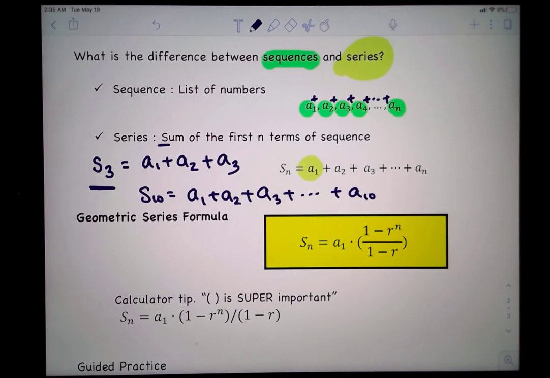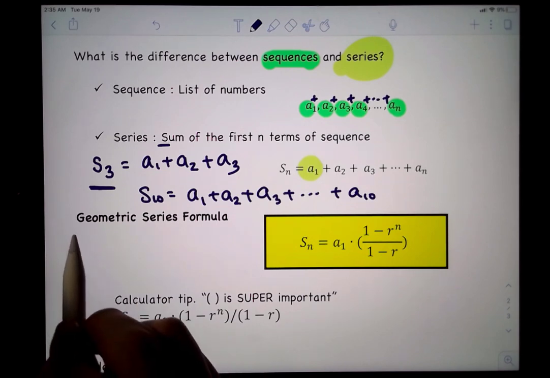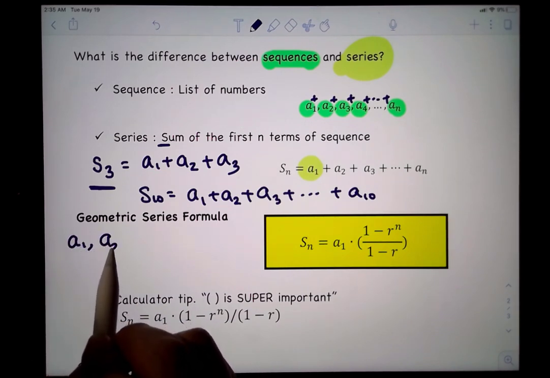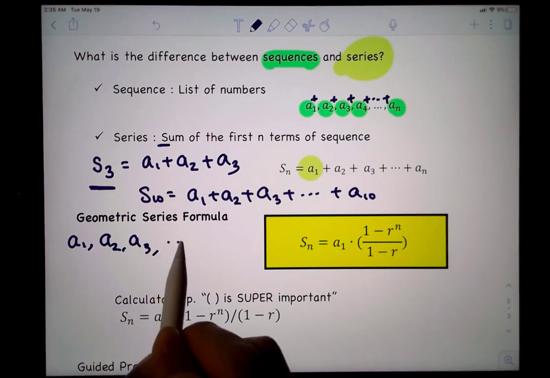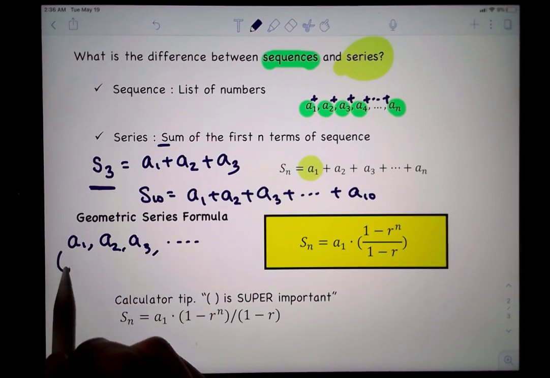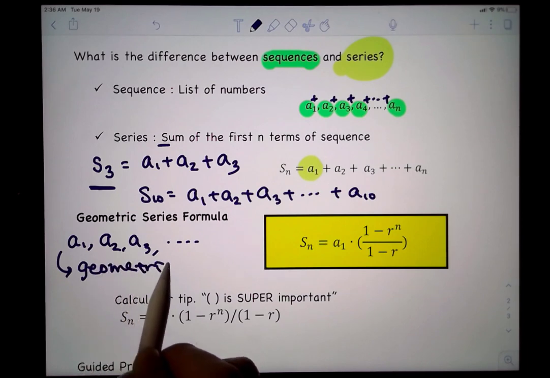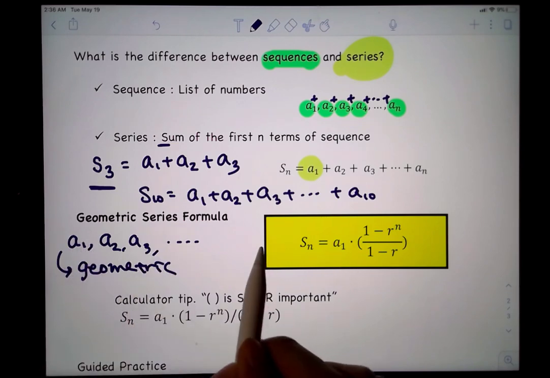And there's a formula for the geometric series. We are focusing on geometric series only. Geometric series means your sequence, A1, A2, those numbers, is a geometric sequence, and all we want to do is add up all these numbers.